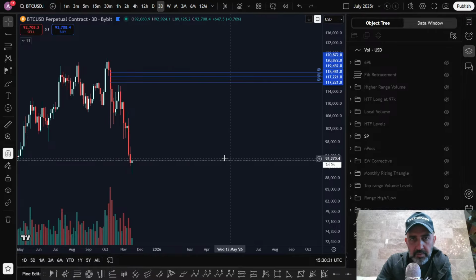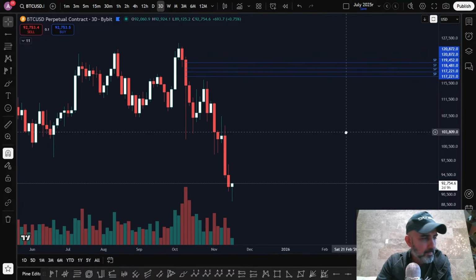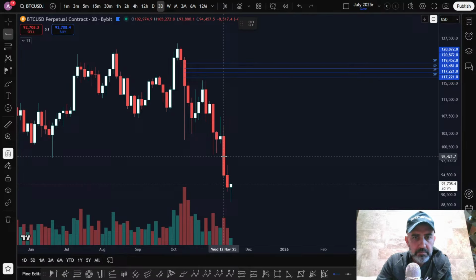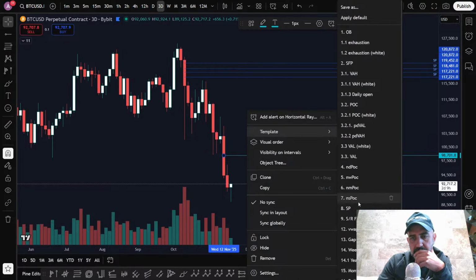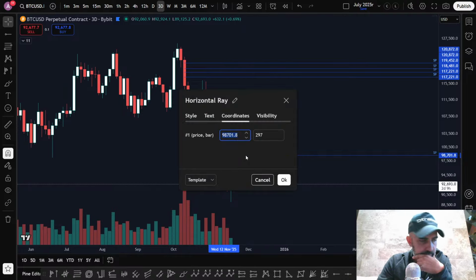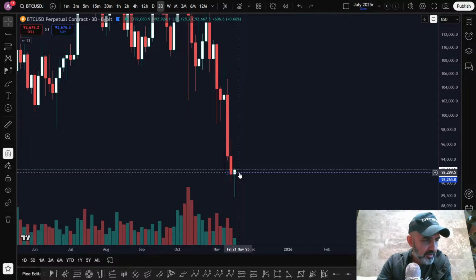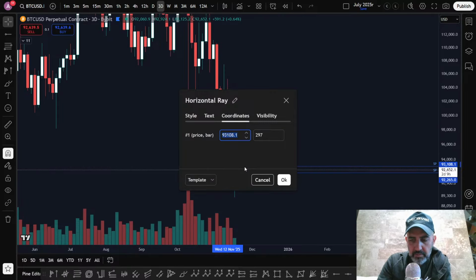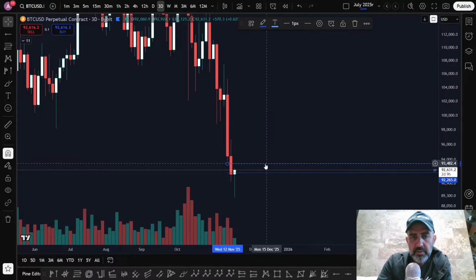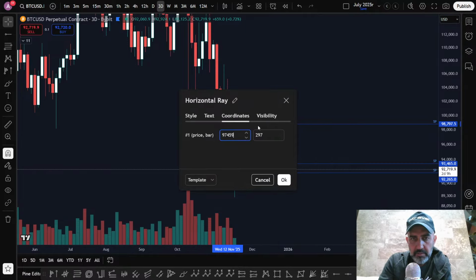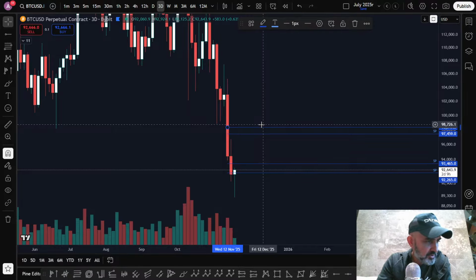Single prints. 92265. We're above it now. We're in the single prints, to 93465. So we're in those. There's some higher up. 97459 to 98598.